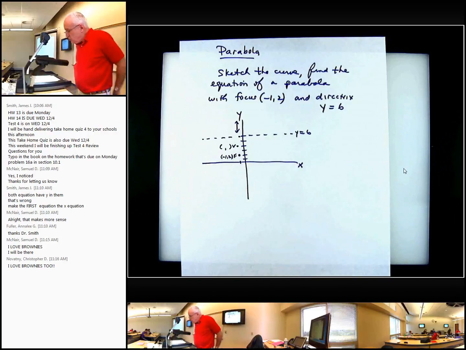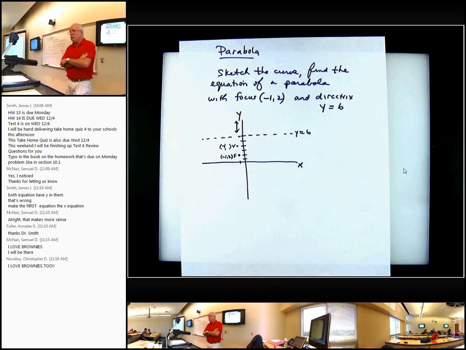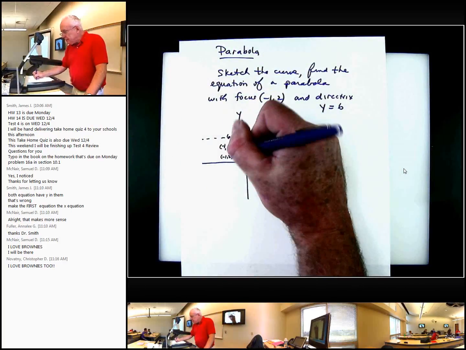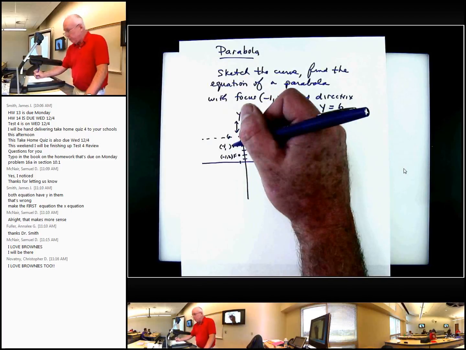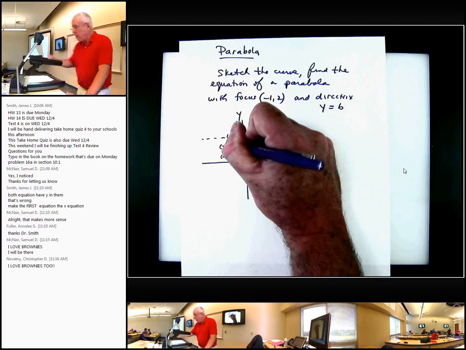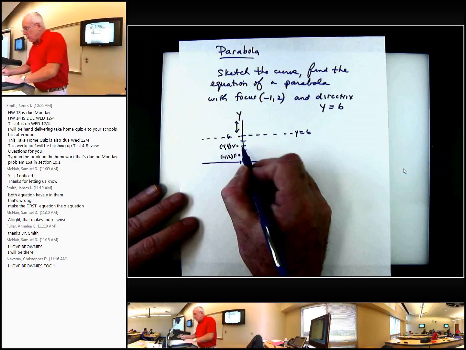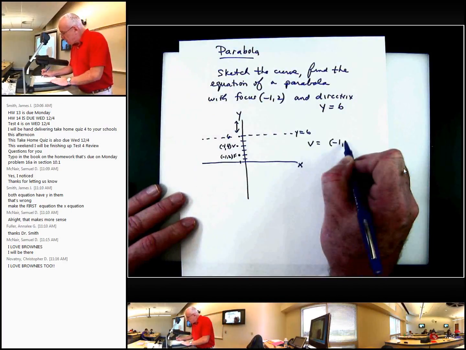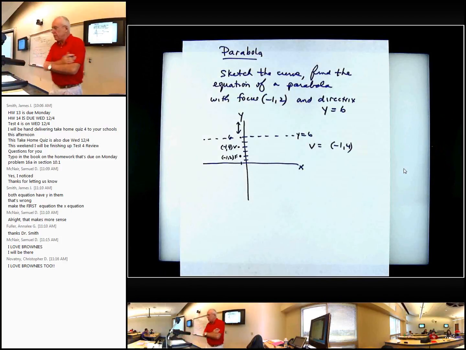Yeah, -1 and 4. Certainly the -1 for the x is going to hold. And we're looking for a y value that's between 6 and 2, which is equidistant, and that's going to be 4. Okay, so we see that it has to have the same distance. So this is our vertex, -1, 4.